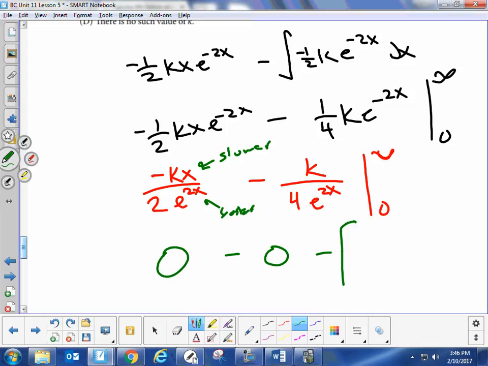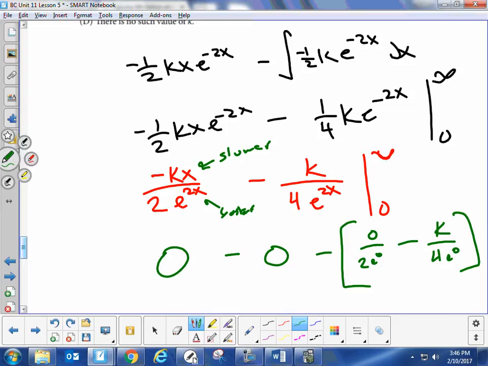But now I minus whatever 0 is plugged into. I'd have 0 over 2 here, because it's 2 times e to the 0. So it's 0 over 2 e to the 0, which is 0, minus k over 4 e to the 0, which would be k over 4 times 1, e to the 0.